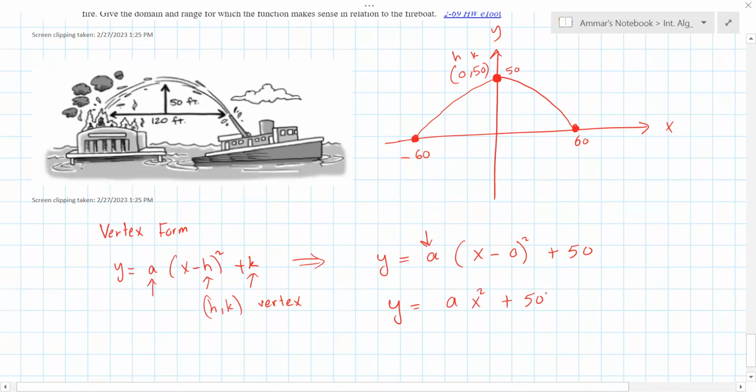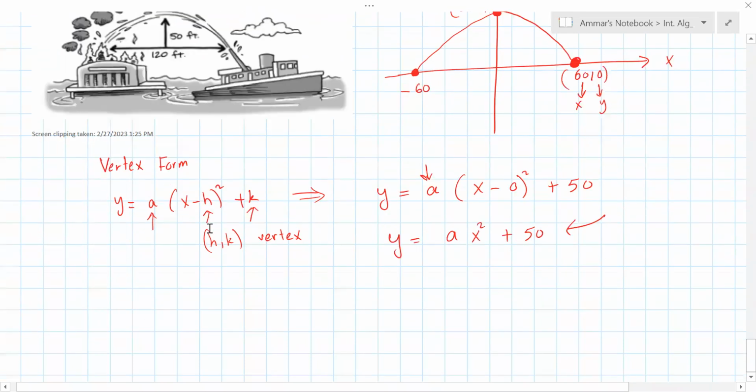And now to find the value of a, we can look at this point here. This point is 60 and 0, which means the x value is 60 and the y value is 0. If we plug these values into the function here, I will replace x with 60 and y with 0. With that, I can get the value of a. Let me do that.